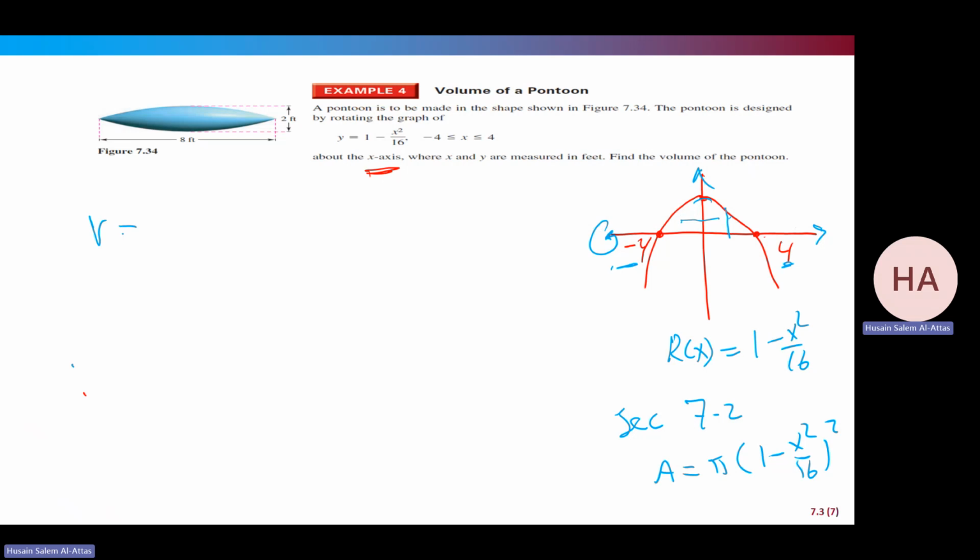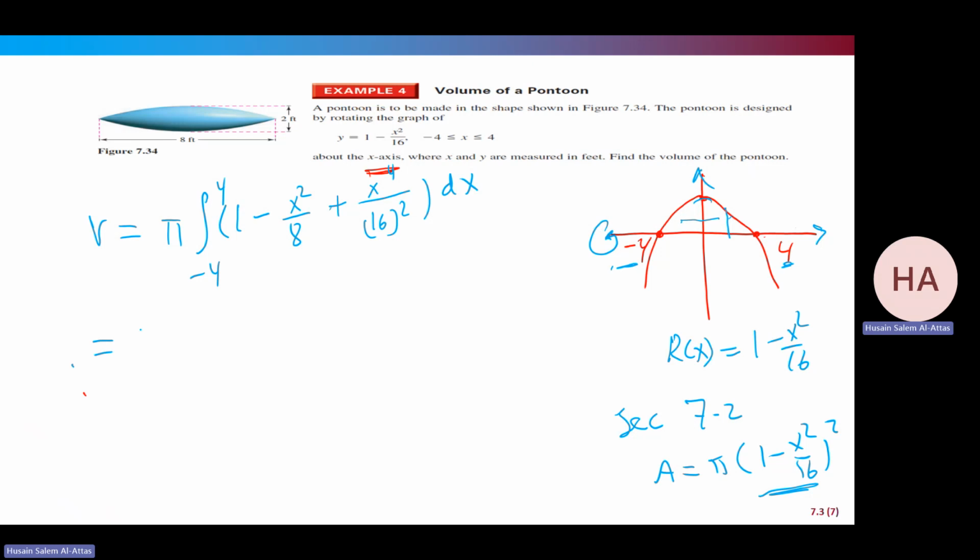So V will be pi, don't forget, from minus 4 to 4. This one is squared, which is what? 1 minus x squared over 8 over 16 times 2 plus x to the power 4 over 16 squared. All of this dx.